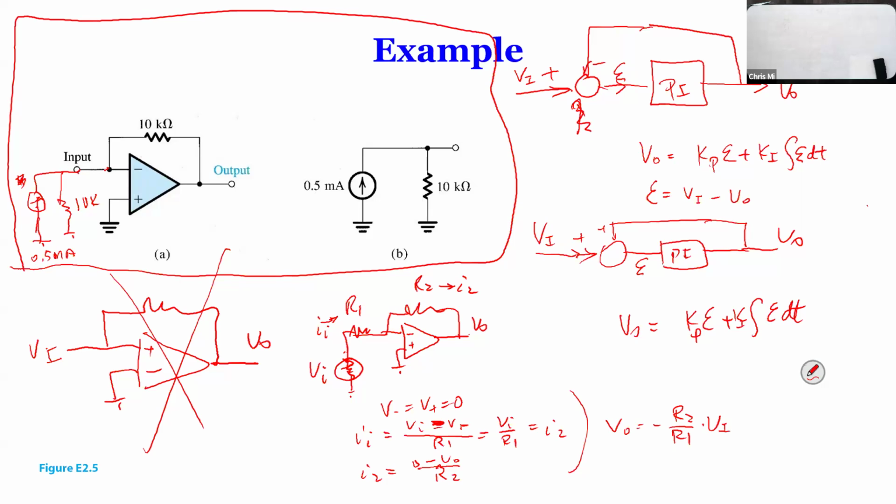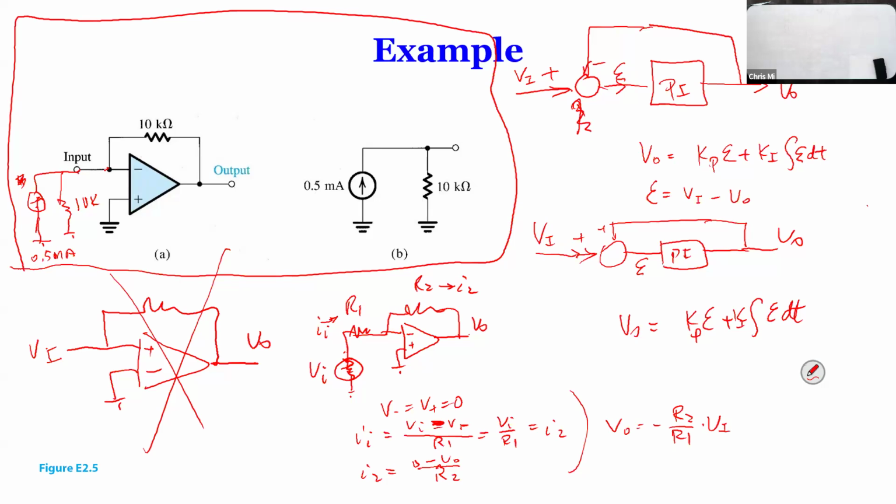The voltage at the positive terminal is 0, so therefore the voltage at the negative terminal is also 0. The current comes in to that node. The problem is that when the current comes in, there could be current going through the 10K to ground.